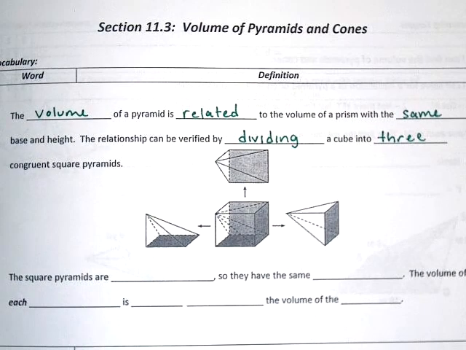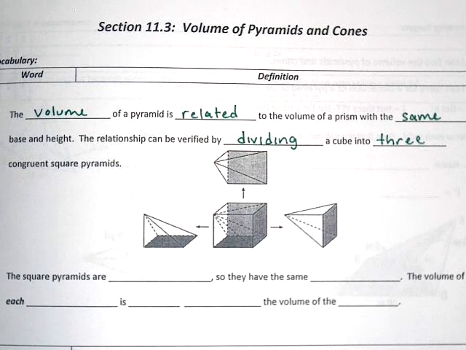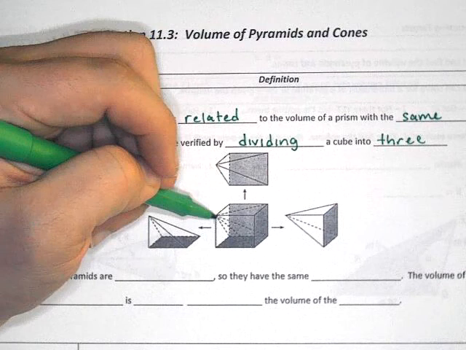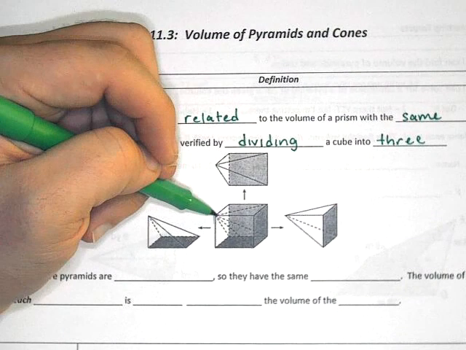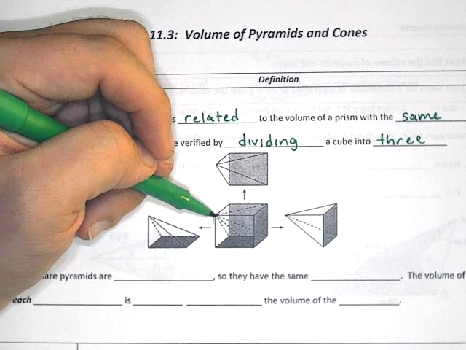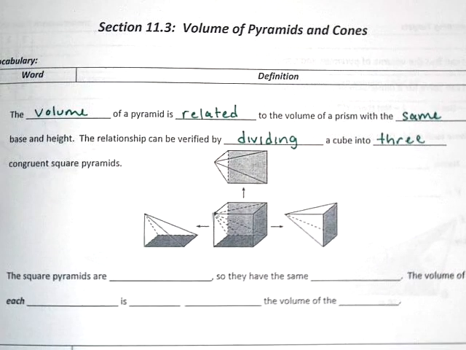Now, just looking at this picture, I would completely understand if you're a little confused by it. I get it, I'm a little confused by it. What they're really doing here is taking this cube and picking a point and splitting the cube into 3 separate pyramids.